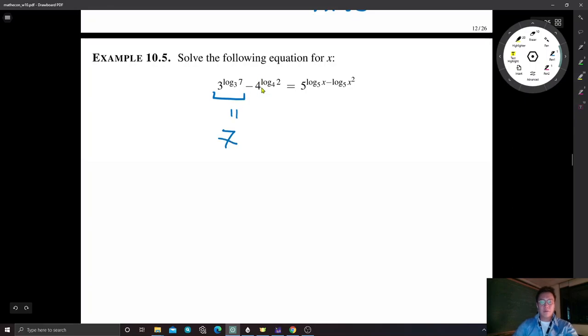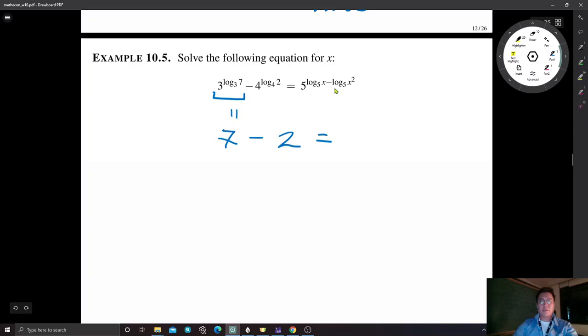And then 4 to the power log with base 4 of 2, once again bases are matched, so that is 2. So the quantity on the left hand side is just 5.